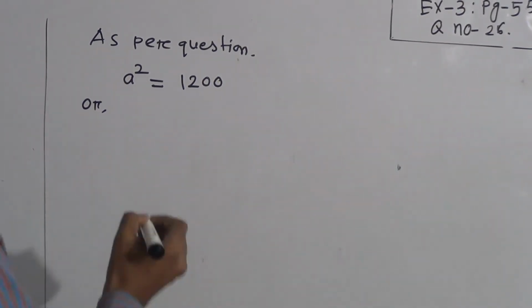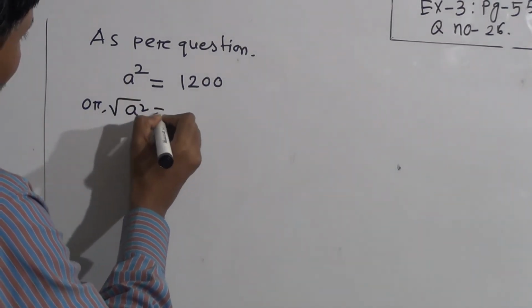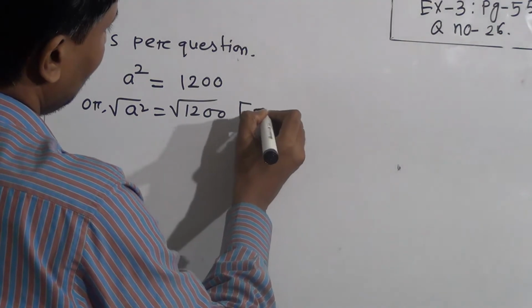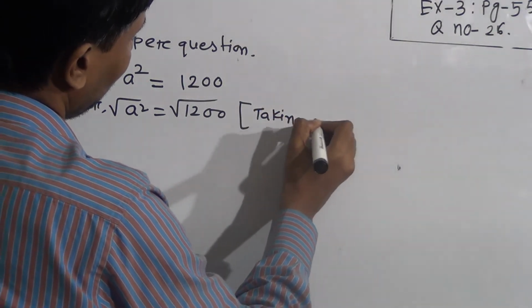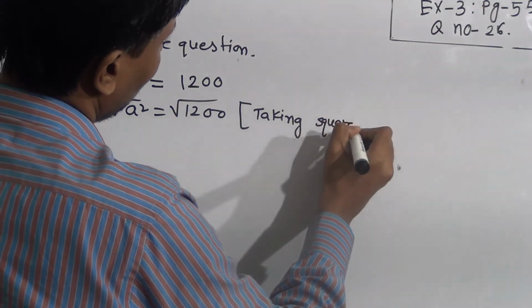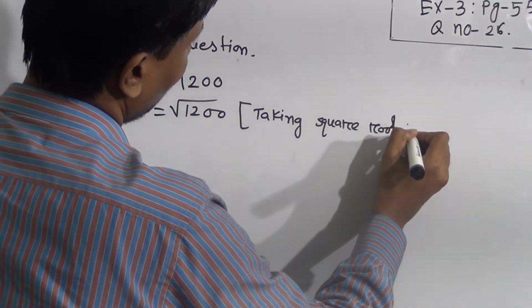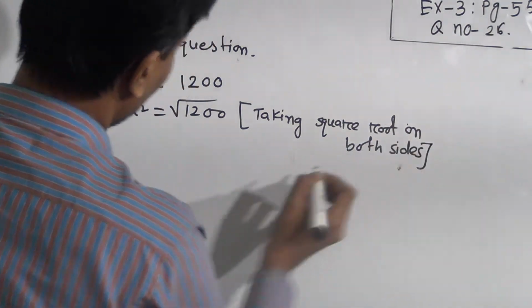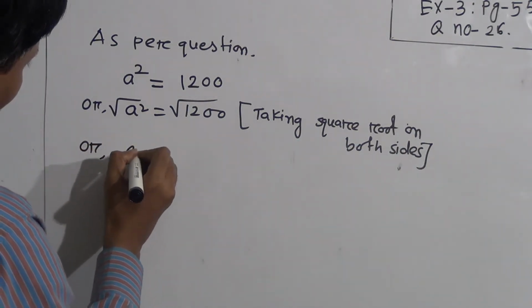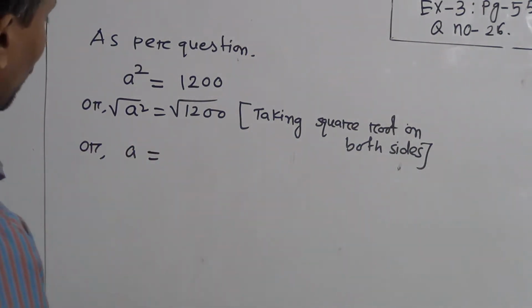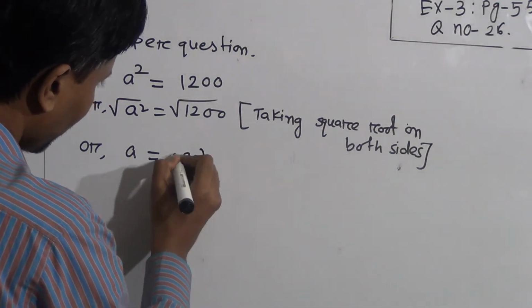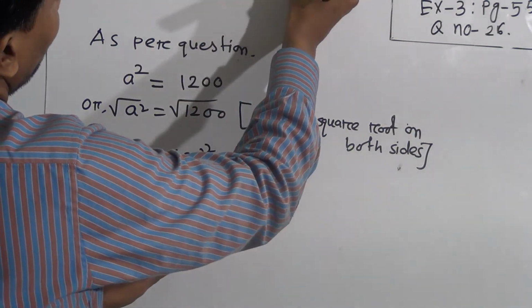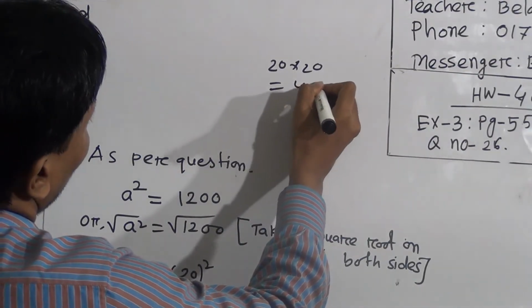Taking square root on both sides, a equals the square root of 1200. Just look, 20 square, that means 20 into 20, this is equal to 400.